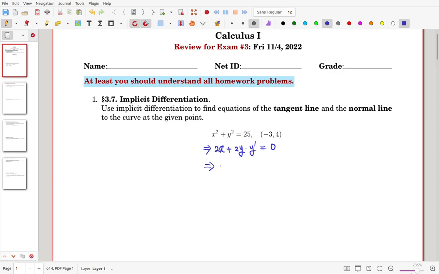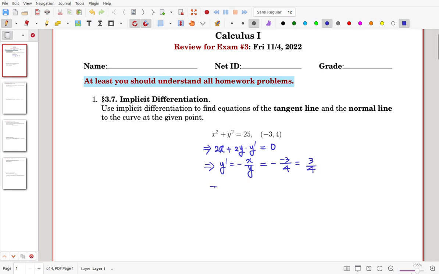From here, y prime equals minus x over y. Once x is -3 and y is 4, the slope must be 3 over 4.